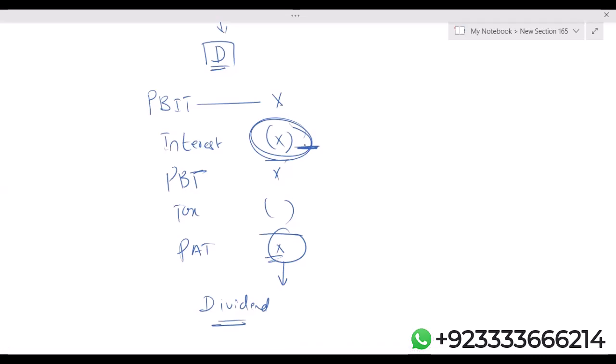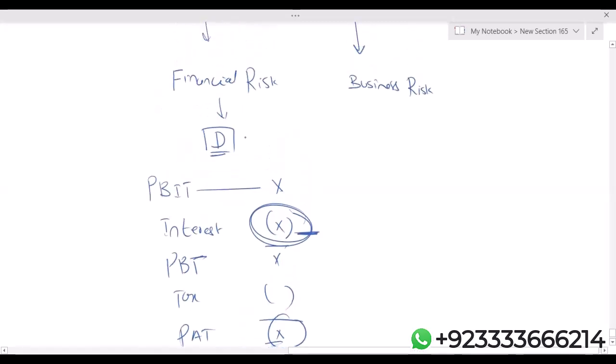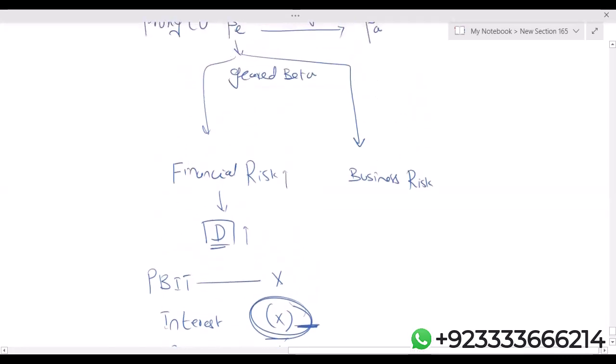That is why always remember one point. When your company increases the debt, then it increases the financial risk. And who faces the financial risk? Shareholders. Your equity beta will increase. And when your equity beta increases, KE will increase.